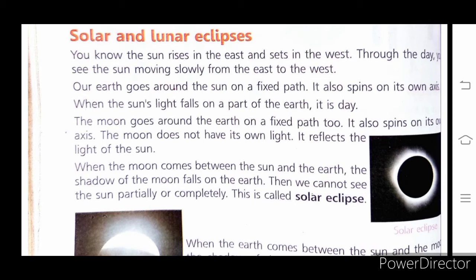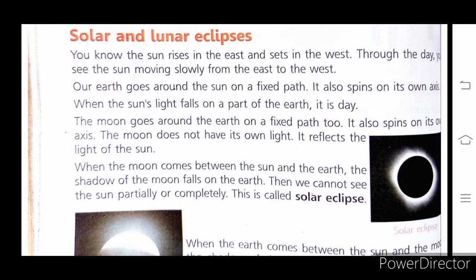The moon goes around the earth on a fixed path too. It also spins on its own axis. The moon does not have its own light. It reflects the light of the sun.